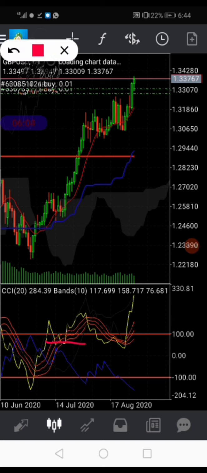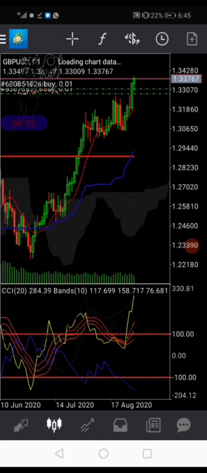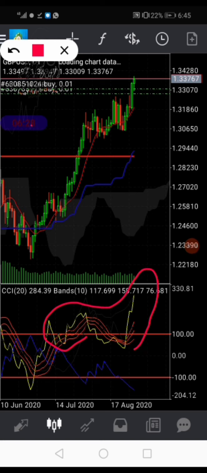Our gold line right here, you can refer to it as the price. And the blue line right there is the ADX line, you can refer to that as the signal. So on this right here is our price, the CCI.